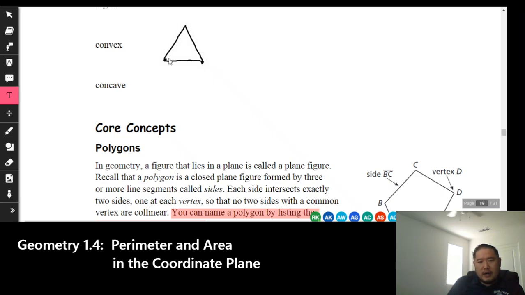If I were to draw a line that extends out, I'll put this in green. Does this line intersect anywhere inside of the plane of the figure? It doesn't. And let's check all 3 sides. No, and no. So what we can say right here is that this triangle is convex.